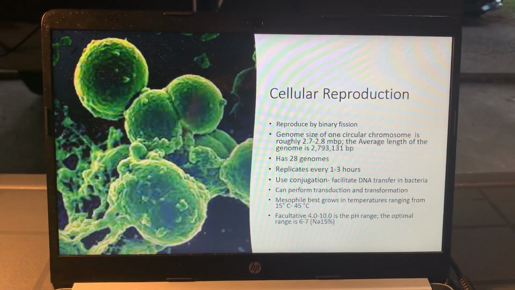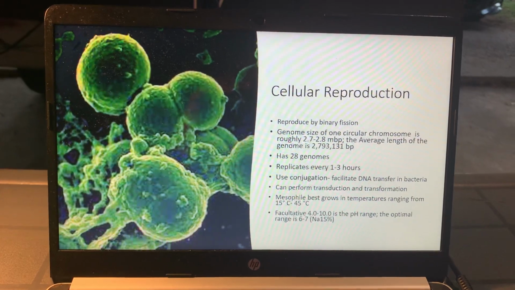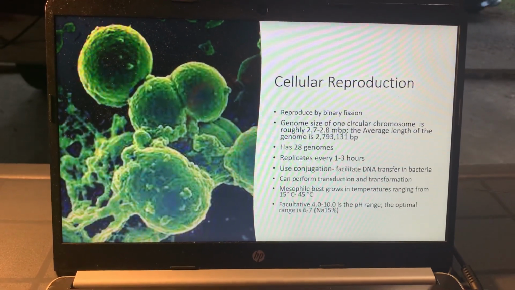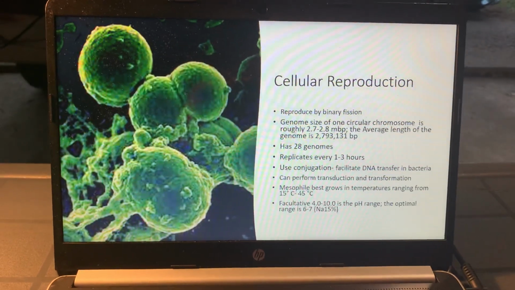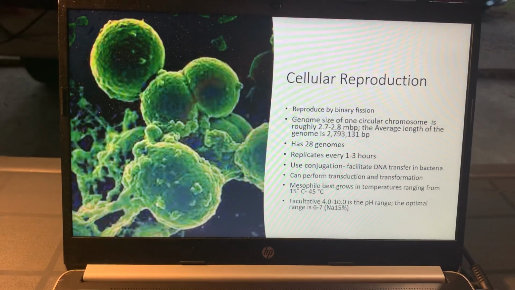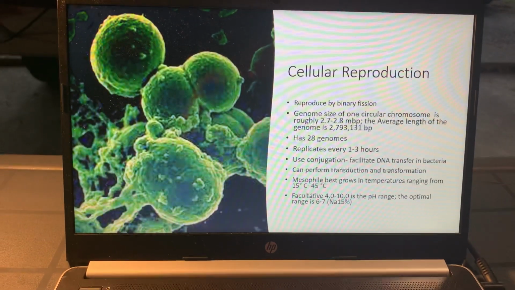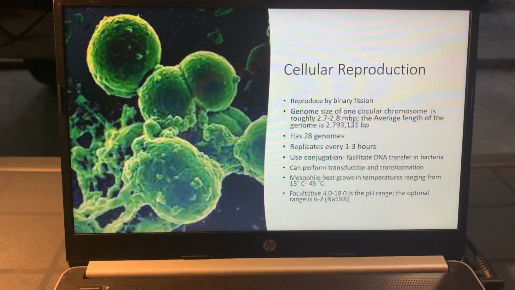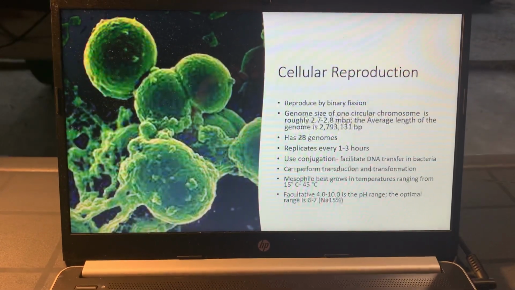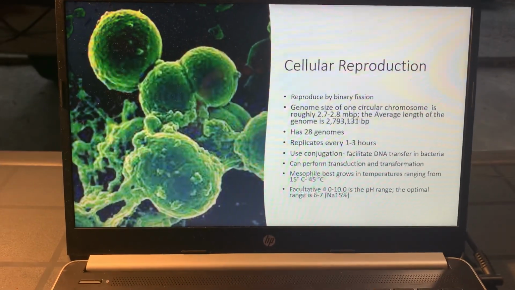Cellular reproduction. They reproduce by binary fission, okay? The size of one circular chromosome is roughly 2.7 to 2.8 Mbp, and the average length of the genome is roughly 2.7 million bp.